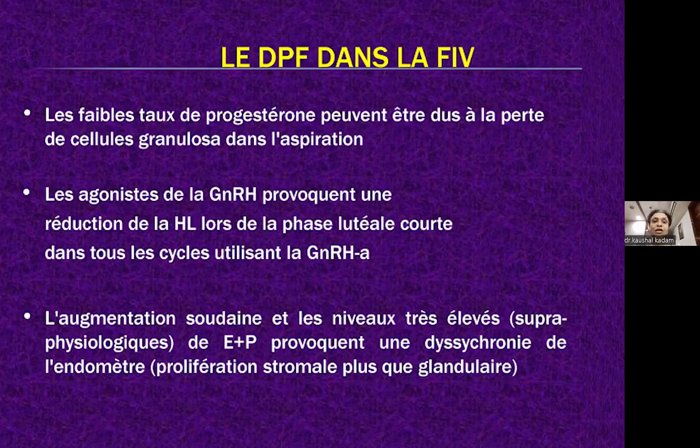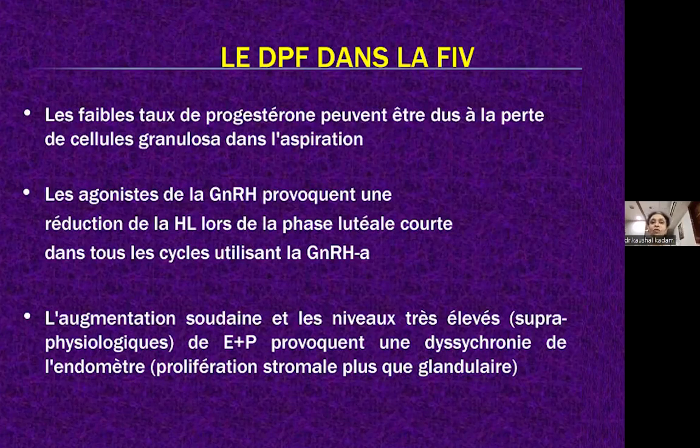The GnRH agonists cause a short luteal phase. When you give a GnRH agonist as a trigger, that is what causes a very short luteal phase. And because of that, the LH is reduced in all cycles using GnRH agonist. And a sudden rise and very high levels of estradiol and progesterone can cause a dyssynchrony in the endometrium.